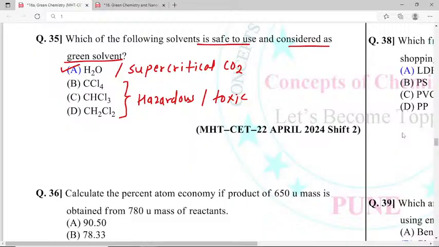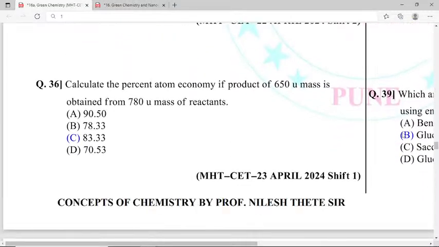Okay. Next question. Calculate the percent atom economy if a product of mass 650 U is obtained from 780 U of reactant. So what is your calculation?